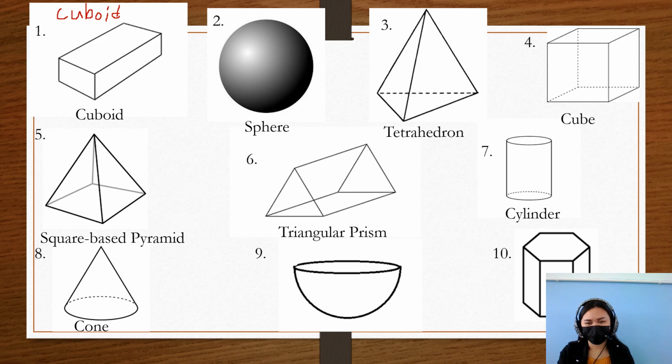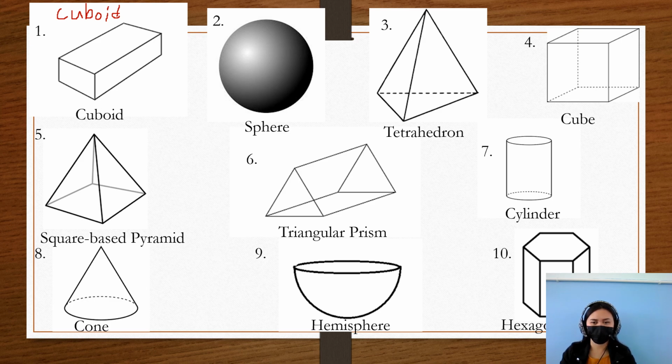Number 9, do you know what kind of 3D shape is number 9? It's like a semicircle, but we call it, ta-da, hemisphere. Everybody say hemisphere. And number 10, hexagonal prism.